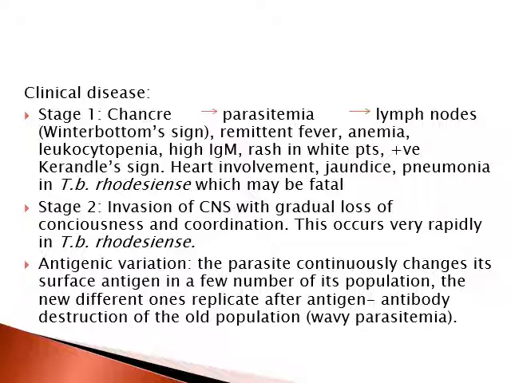There is also anemia, leukocytopenia, also high immunoglobulin M, due to the acute disease. There is rash in white patients and positive Kerandel's sign. This you will know, inshallah, in the neurology sections.